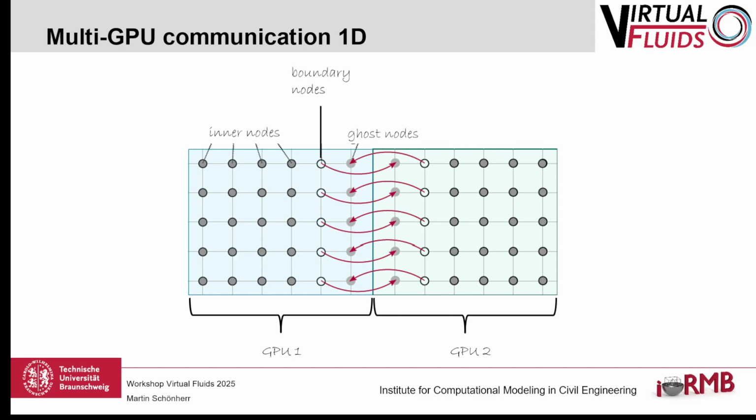What you do is send the values on your boundary nodes to the ghost nodes of your neighbor, so that they can access each other, and the other way around. So you use these boundary nodes on the other GPU and send them to the ghost nodes here. We add one slice of nodes for the communication. This is the price we have to pay here, some extra nodes.